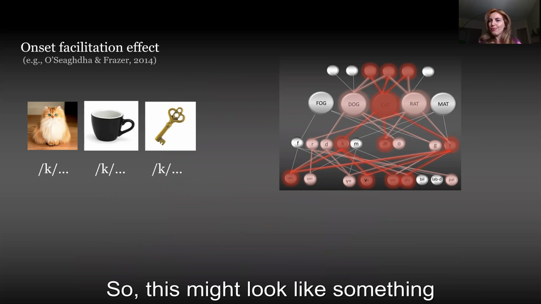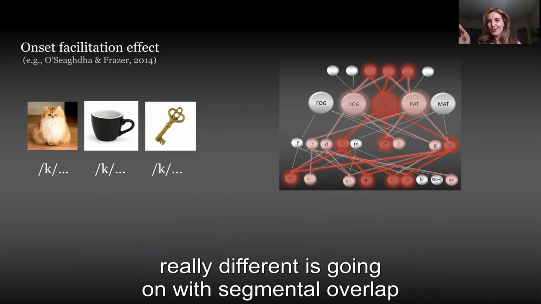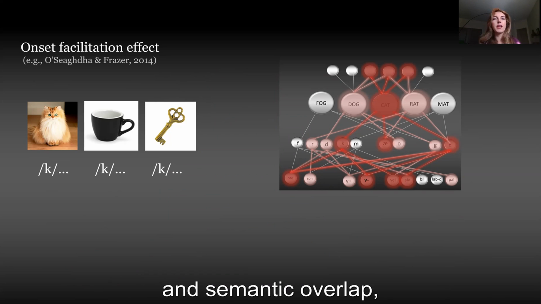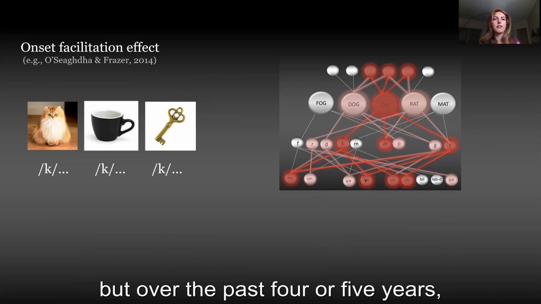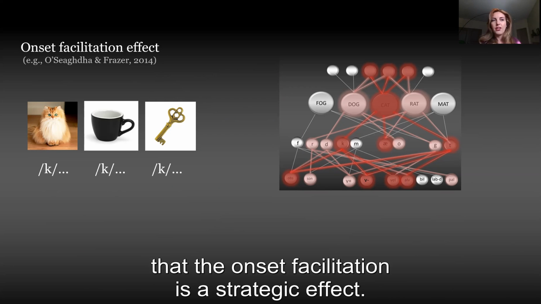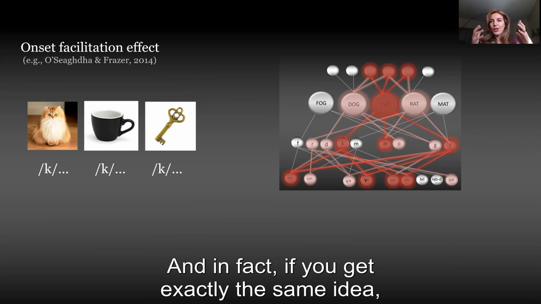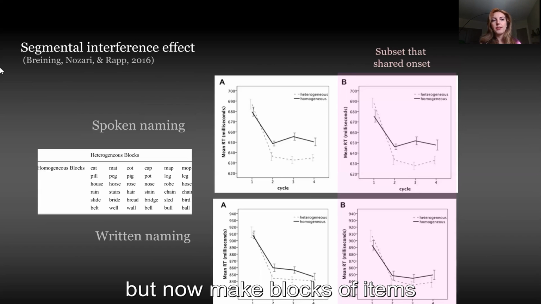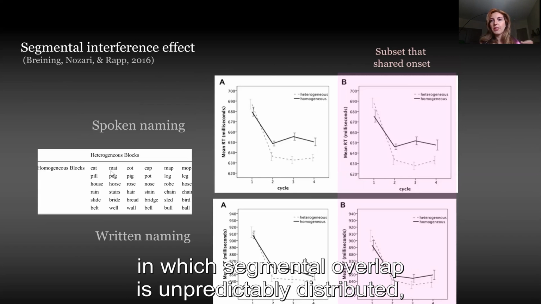So this might look like something really different is going on with segmental overlap than semantic overlap, but over the past 4 or 5 years, we have produced a series of papers showing that the onset facilitation is a strategic effect. And in fact, if you get exactly the same idea, but now make blocks of items in which segmental overlap is unpredictably distributed.